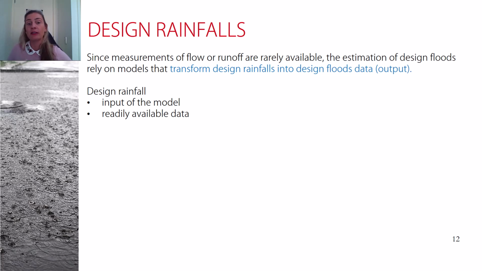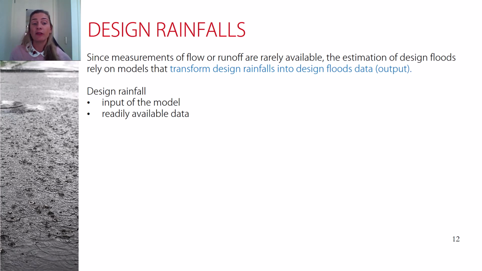So we rely on rainfall records to derive a design flood for a particular area. Design rainfalls will be the input in our models. And by model I mean a mathematical model that represents the transformation of rainfall into runoff in a given catchment, or the response of the catchment to a rainfall amount or to a rainfall event.